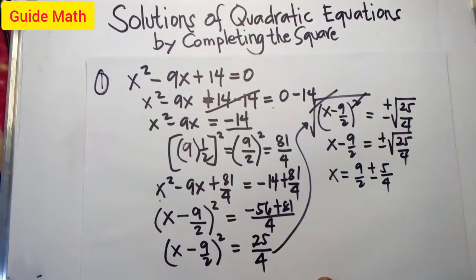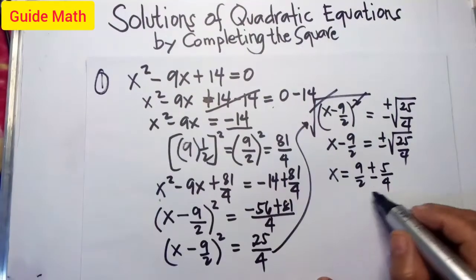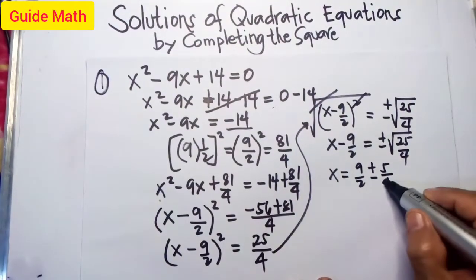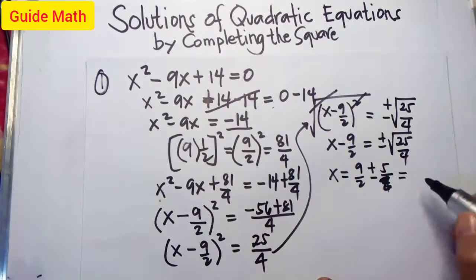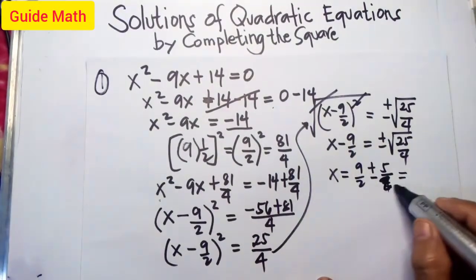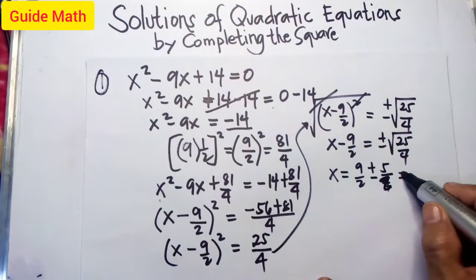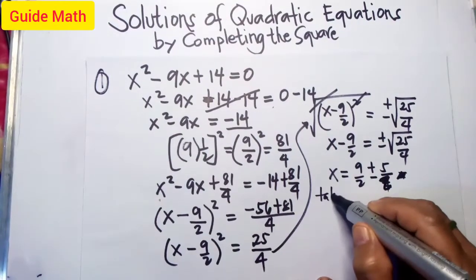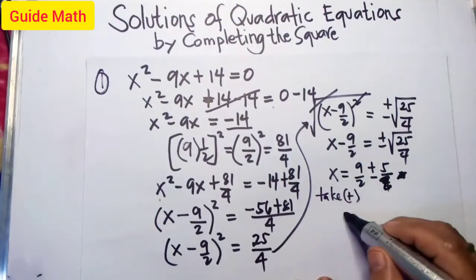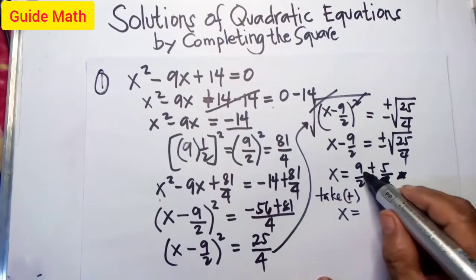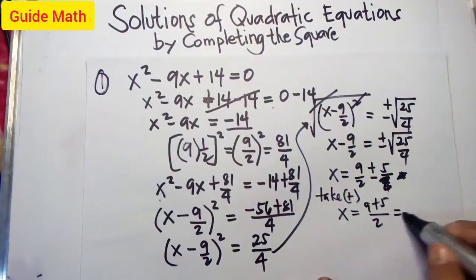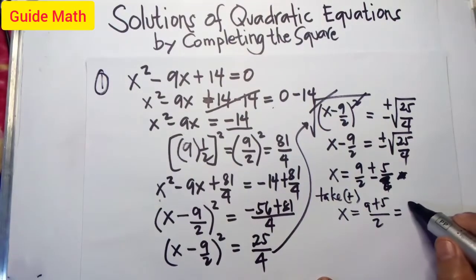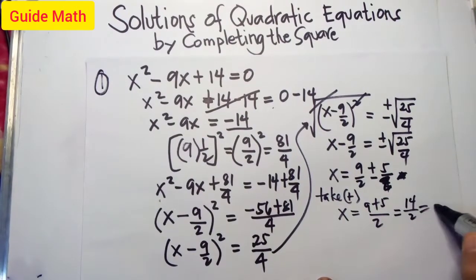Okay, so we combine this, with the same denominator of 2. We take the positive first. We have x is equal to 9 plus 5 over 2, which is 14 over 2, which is equal to 7.